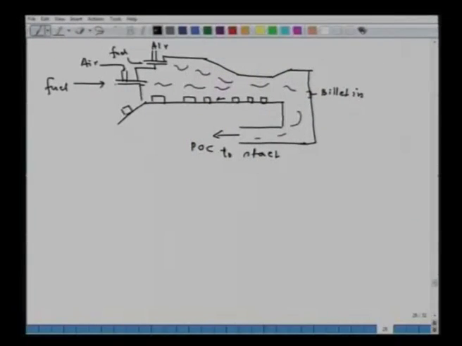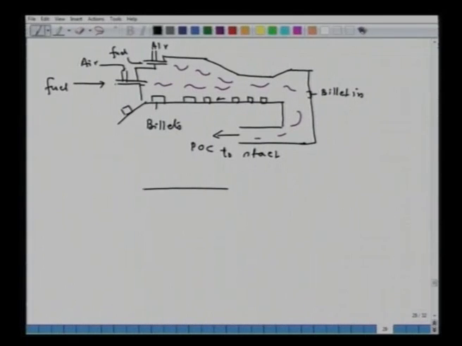Well, we have nothing to do with the process, but since it is a continuous process, these are the so called billets. This is the exit of the billet and this is the exit of POC. So, let me represent this problem by a block diagram.